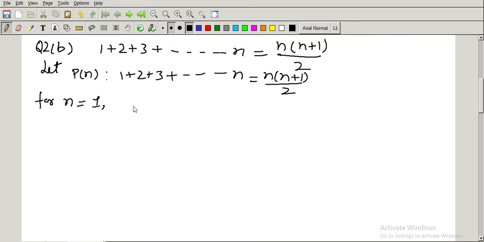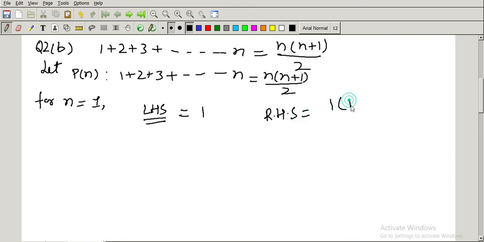So take LHS, right? LHS means left hand side. So put n is equal to 1. So this series will be only 1, right? So left hand side will be 1 only because n is equal to 1. And for right hand side, put n is equal to 1.